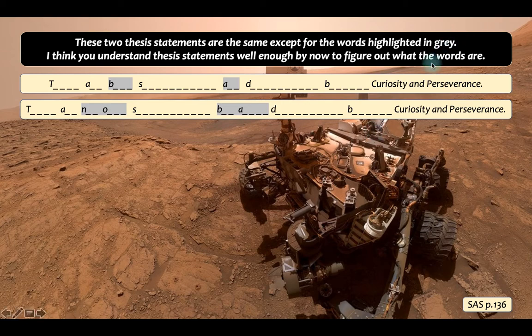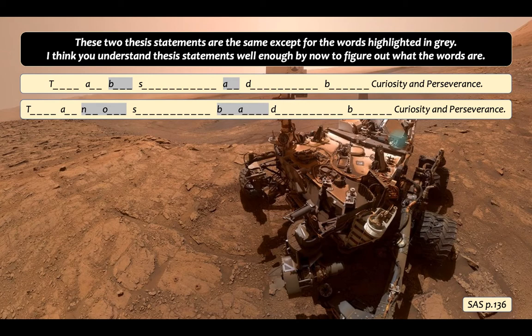And these are example sentences using our nouns, comparing one noun with another noun. So can you figure out from the clues that are given and your familiarity with thesis statements what these sentences say? Go ahead and pause the video if you want to try it on your own.